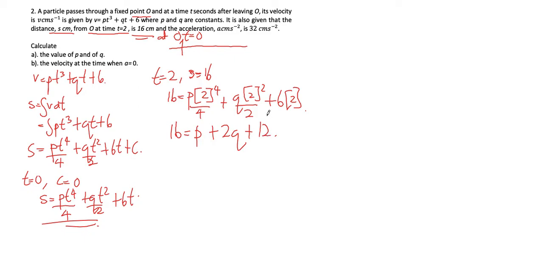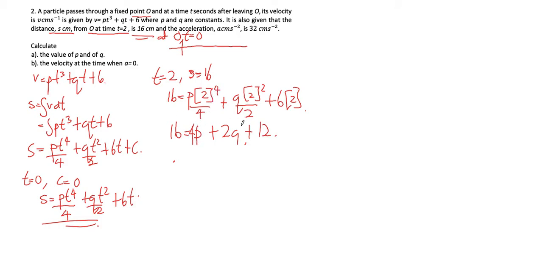So 2 to the power of 4 is 16, 16 over 4 is 4p.